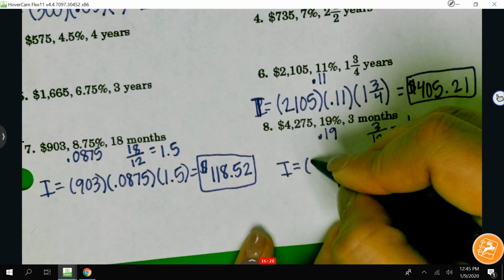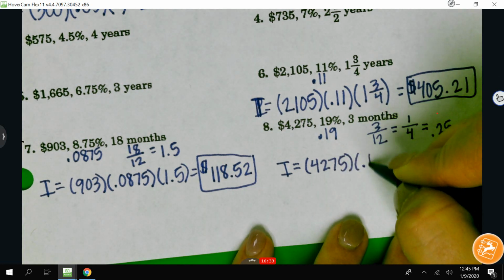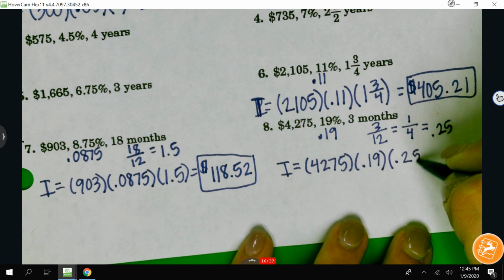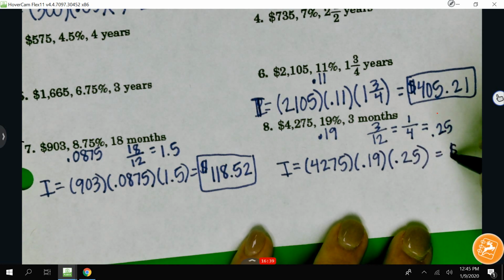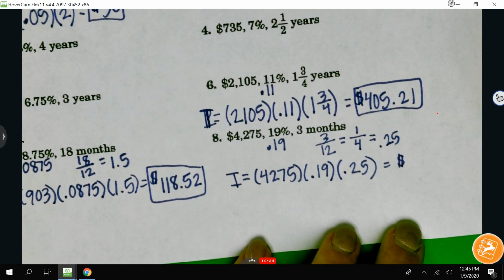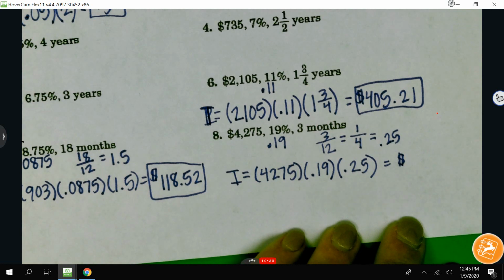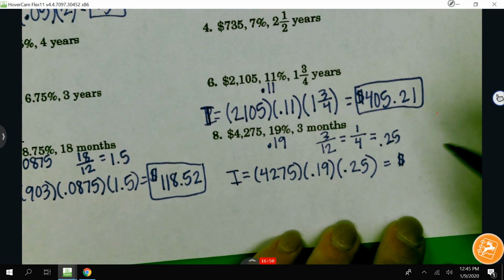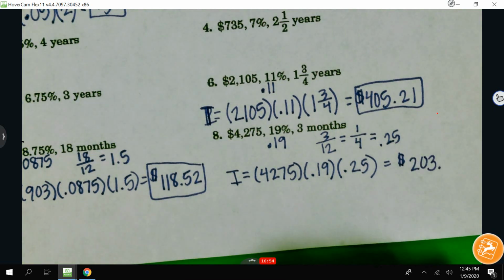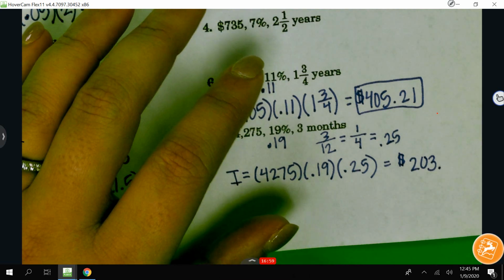So I equals 4,275 times 0.19 times 0.25. What do we get? 303.10625.